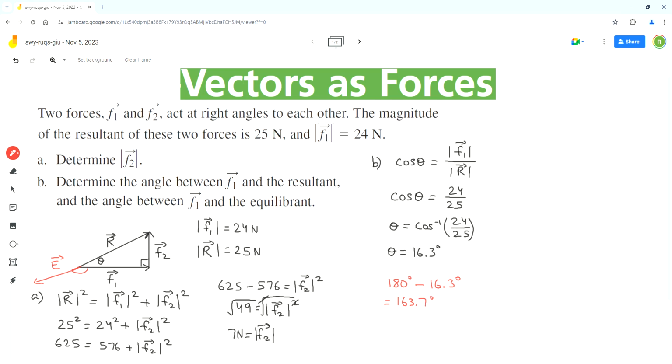So that's the angle between F1 and equilibrant. So this should be the final answer for the second part of part B.